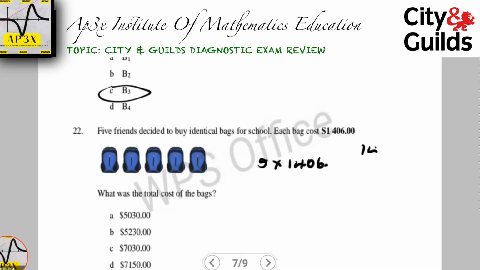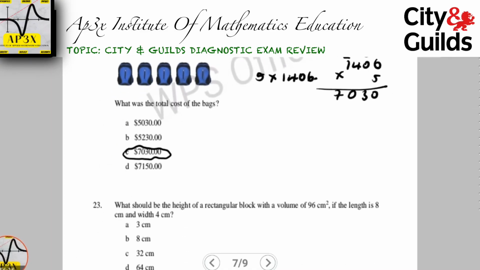So that's 1,406 multiplied by 5. 5 times 6 is 30. 0, carry 3. 5 times 0 is 0. Bring down the 3. 5 times 4 is 20. 0, carry 2. 5 times 1 is 5 and 2 is 7. So that's $7,030. That's C. All right.